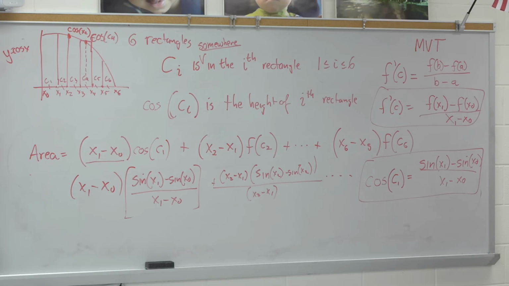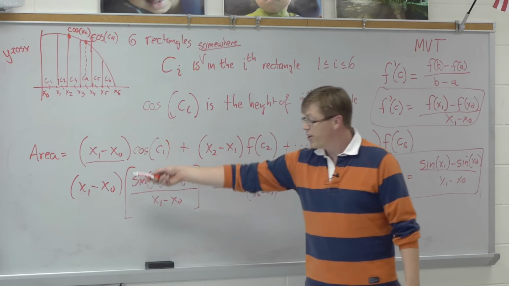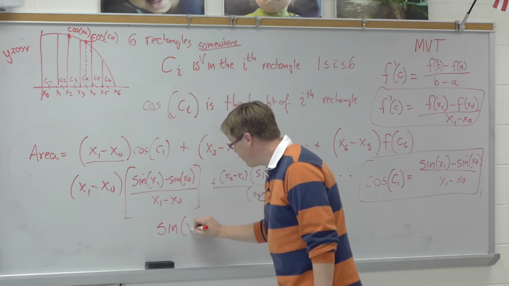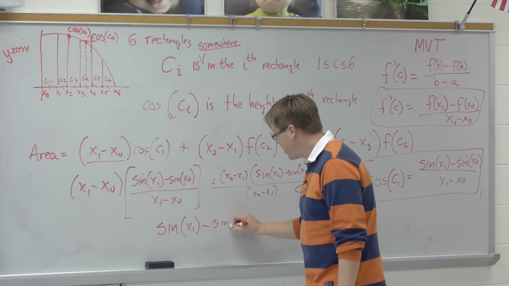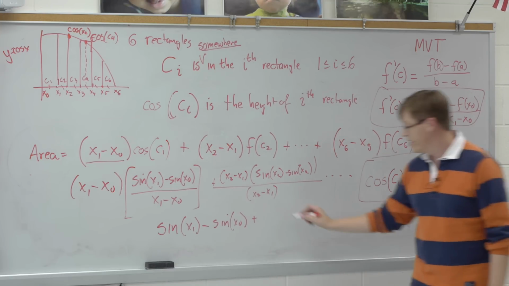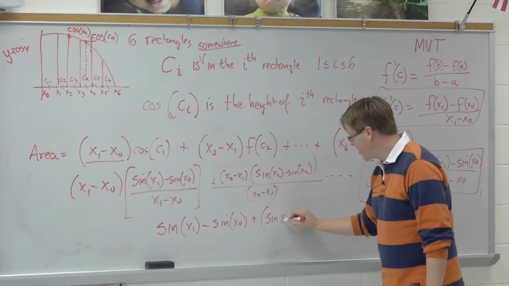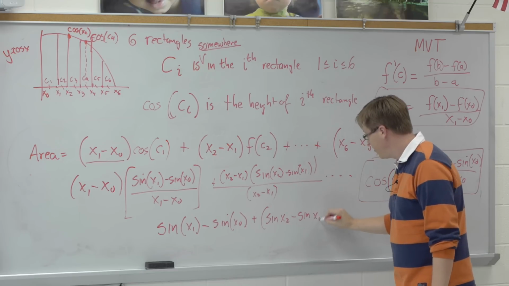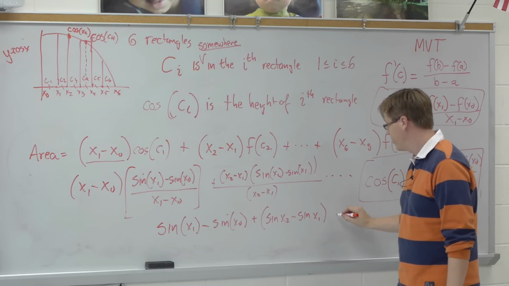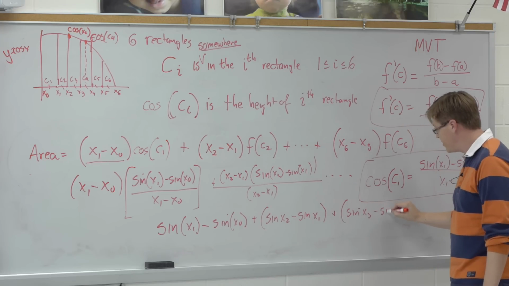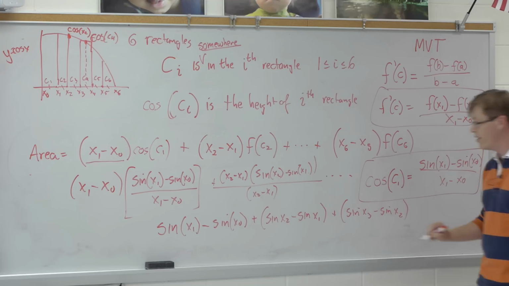Now I can simplify, and it gets even simpler. So those cancel out. I get sine of x1 minus sine of x0 plus sine of x2 minus sine of x1 plus sine of x3 minus sine of x2. What's happening here?